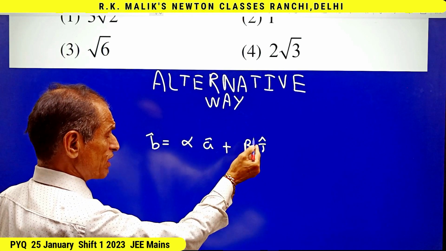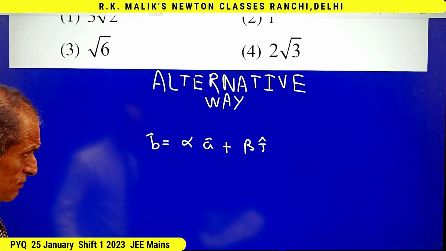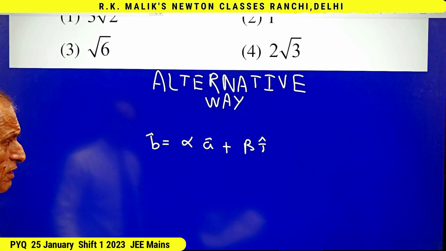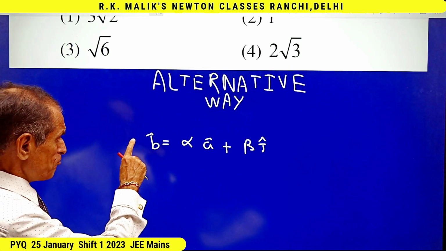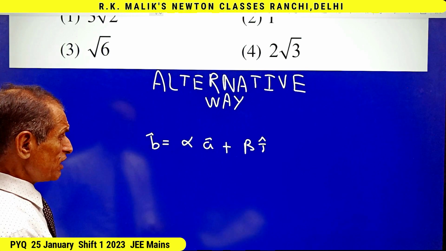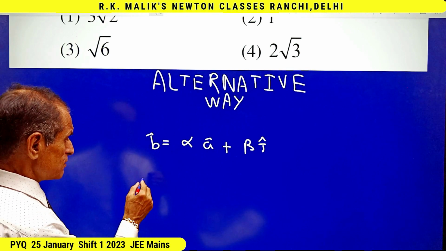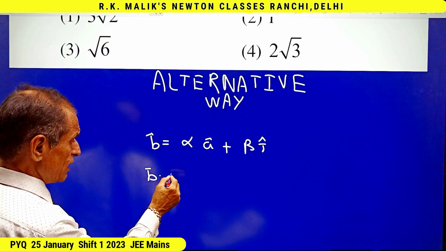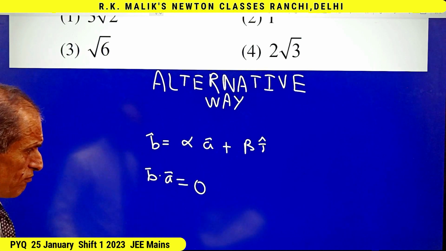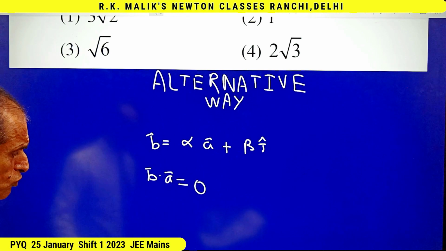Note that j is a vector along the y-axis. I will find the value of alpha and beta with the help of these two conditions, that mod of B is equal to mod of A, and the second condition is B dot A equal to 0. And these things I am going to use for finding the value of alpha and beta.